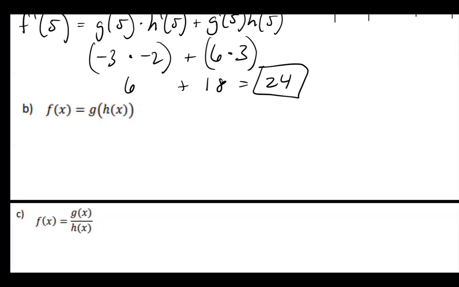H is the inside function. Okay. So if we're finding the derivative, we're going to go G prime. Everything else stays the same. Inside H prime. Done.